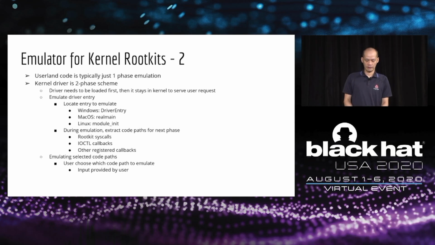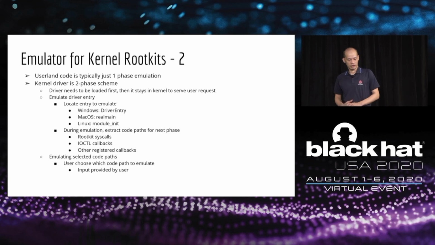So at this phase, the user can decide which code path they want to emulate, and by doing that, they choose the input and send the input to this code path, and Demigod can emulate this code path with this input coming from the user.